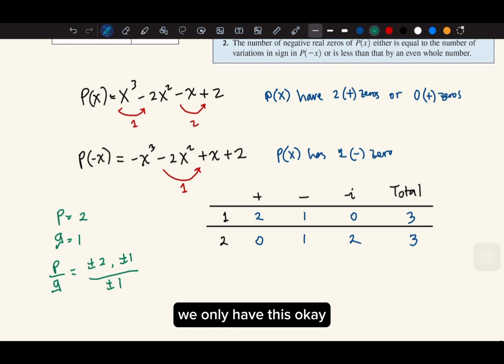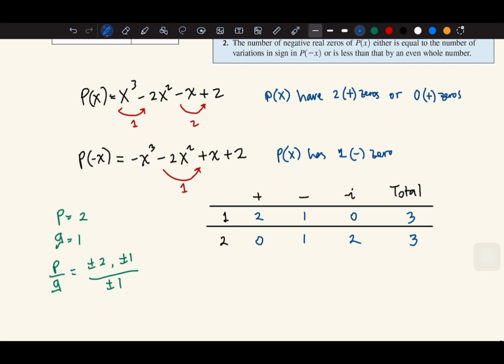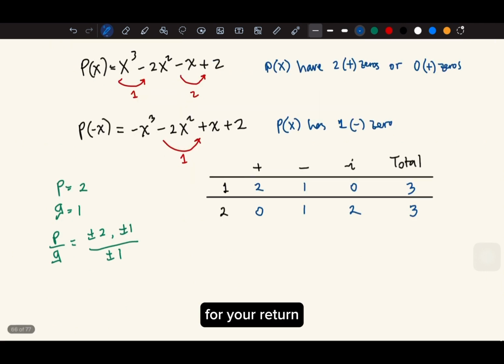We only have these. As numbers, this is pretty easy if you simply do trial and error. But if there are more, then I think long division or synthetic division in the polynomial method will be helpful. Also, that is helpful for your calculus, for your midterm.